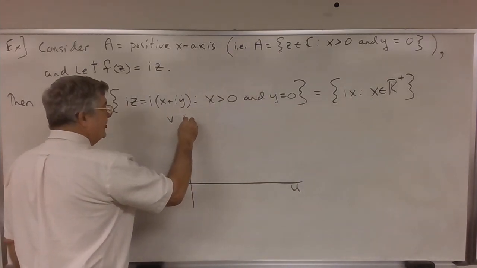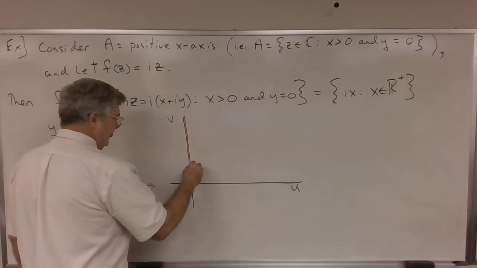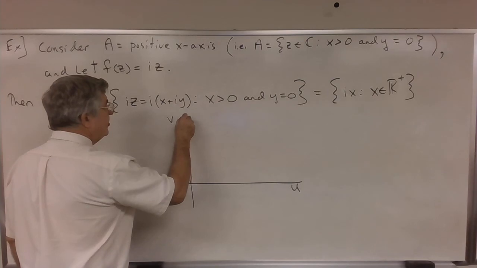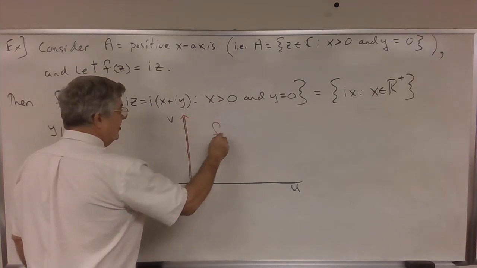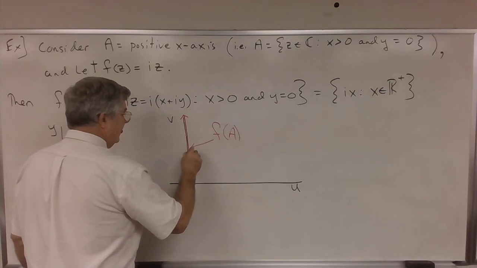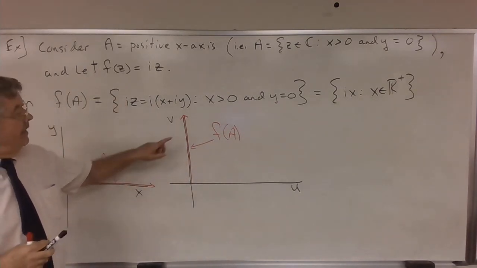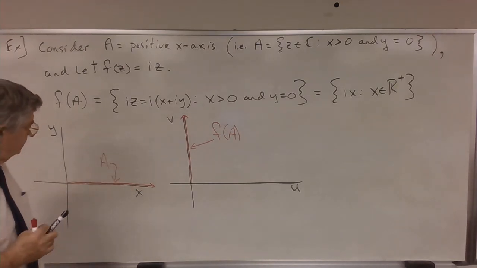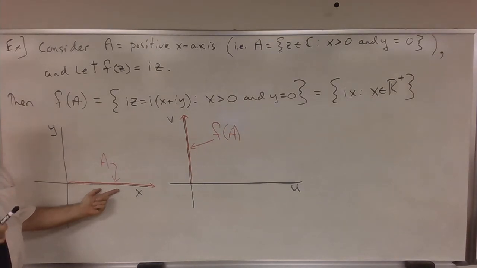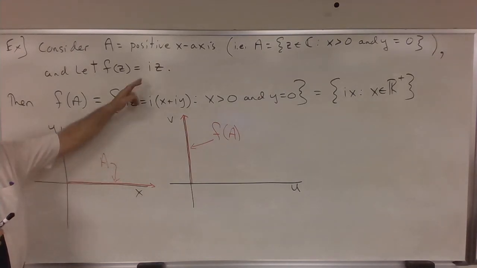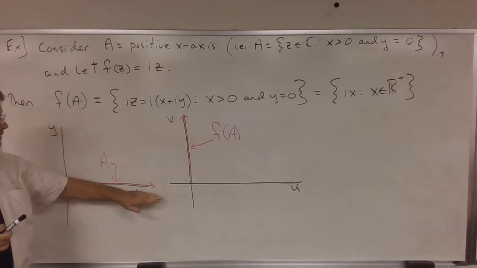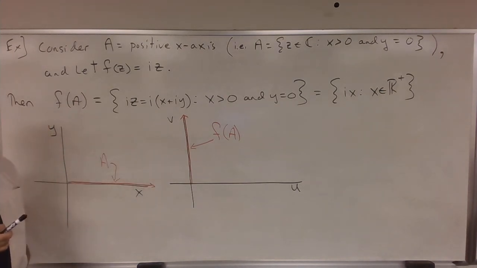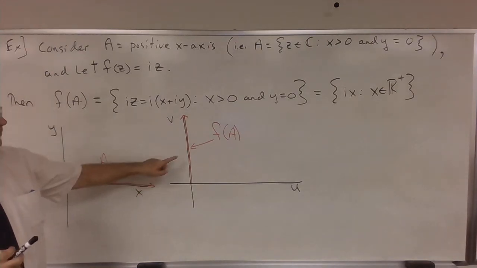So here's f of A. The positive v-axis here is the image of A. A is the positive x-axis, but we take this entire region and we multiply it by i. And what that does is it rotates the region by pi over 2 in the counterclockwise direction. And this is the image of A.